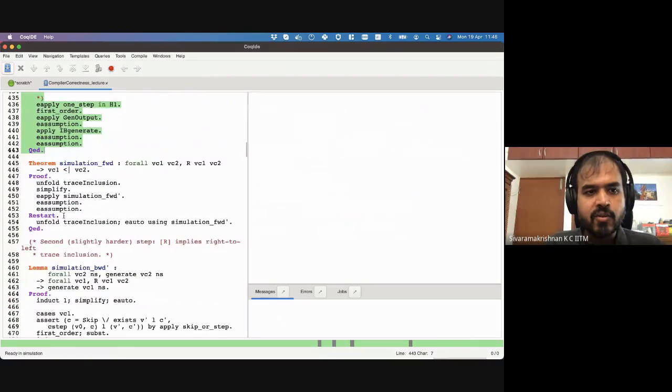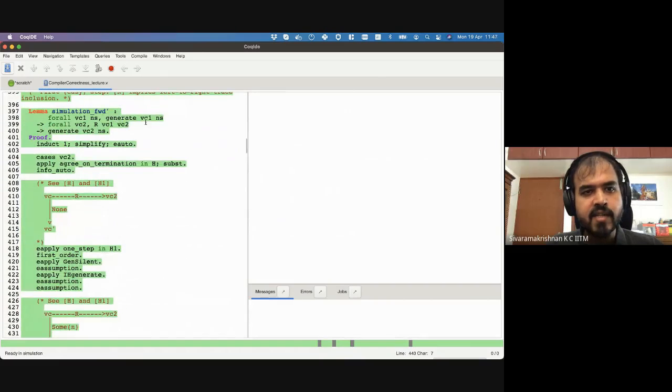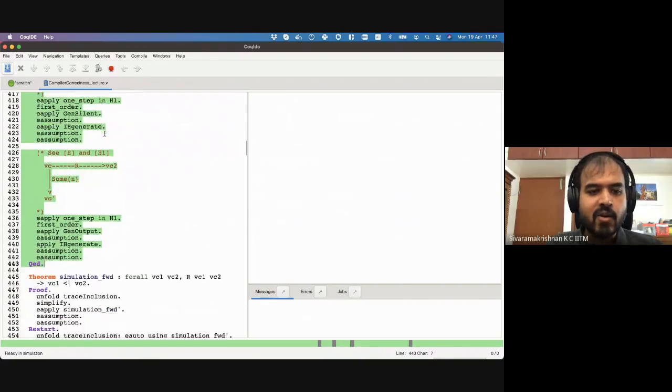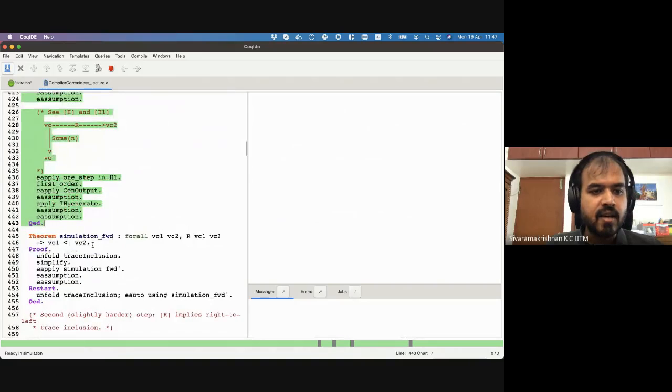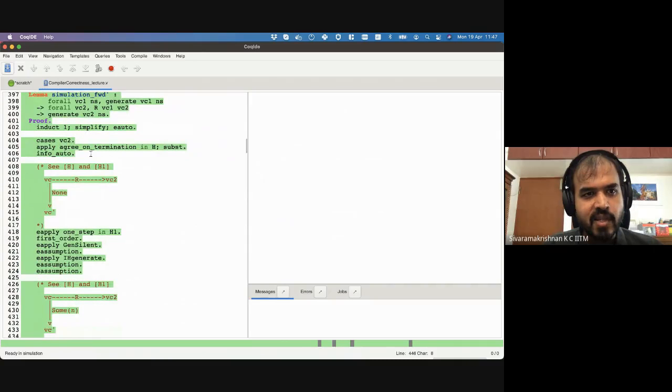So that goes through. What we have in fact done is we have said that for every trace that is generated by VC1, if VC1 is related to VC2, then VC2 also generates the same trace. We can now write it as trace inclusion, right? This is exactly the definition of trace inclusion that we have seen earlier.